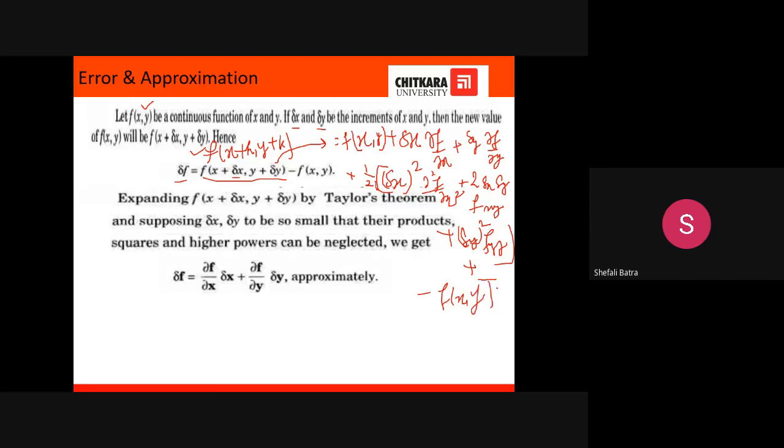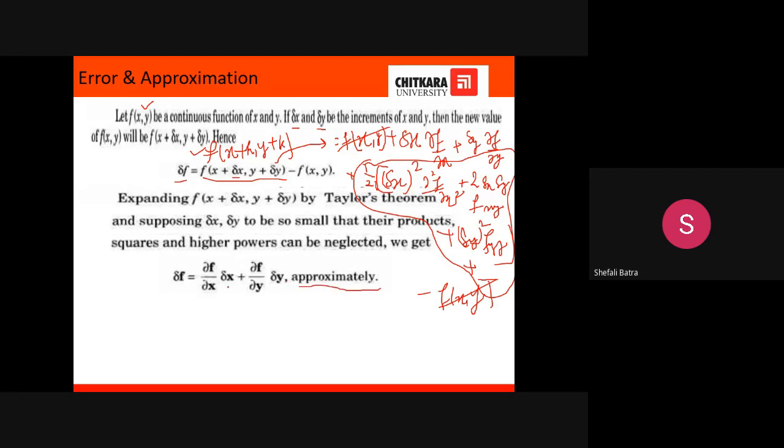When we simplify it, this is negative and this is positive, so it will be cancelled out. And as delta x and delta y are very small, we will ignore the squares because those are very, very small values. So delta x square, delta y square, and next delta x cube, delta y cube, and so on. We are ignoring these terms. Therefore we can write delta f is equal to curly f upon curly x into delta x plus curly f upon curly y into delta y approximately.